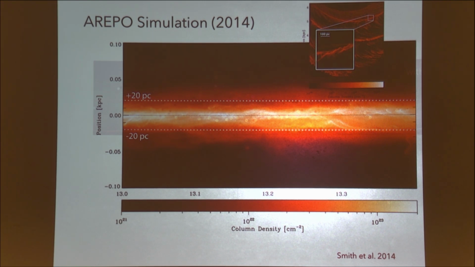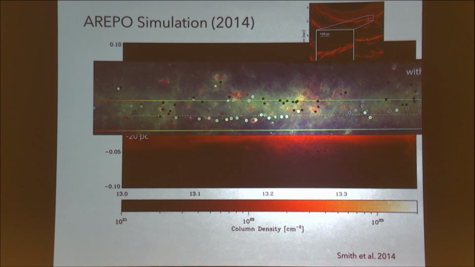The circles are positions where dense molecular gas was measured, so not CO, but denser molecular gas tracers, and so we know the velocity of the gas at those positions. And the comparison is of, if it's a white circle, the velocity is within 2.5 kilometers per second of the predicted orbital velocity for the galaxy at that distance. And I may not have said this, but this is at 3.1 kiloparsecs from the sun toward the center of the galaxy.